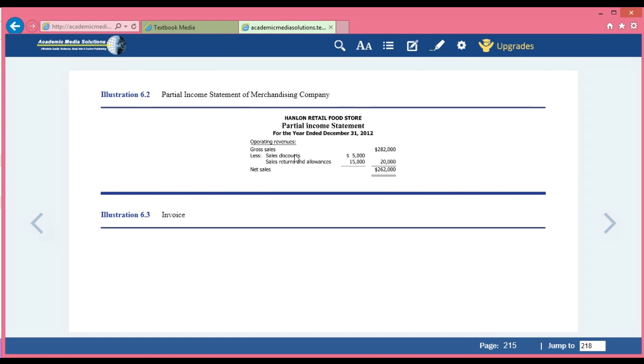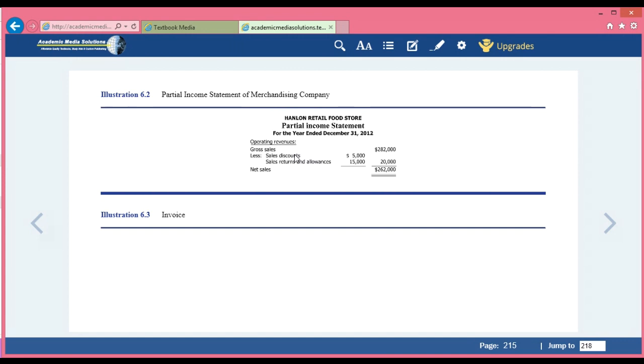And then sales discounts. When you're in the world of wholesaling versus retail, quite often you will receive a discount for paying your bill early. The manufacturer wants you to pay him as soon as possible so he can manufacture more shirts and make more profit on those. You're going to, on the other side, offer a discount to the retailer like Macy's, try to get them to pay quickly so you can buy more inventory and sell more shirts.